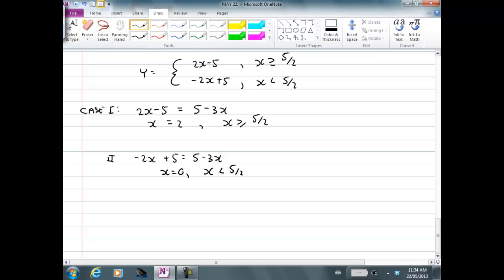It says, look, my answer has to be bigger than 2.5. But this problem is 2, a reject because it's not bigger. So this is called an extraneous root. That's a reject. But look at this. This works because it fits my criteria. So therefore, my only answer is 0.